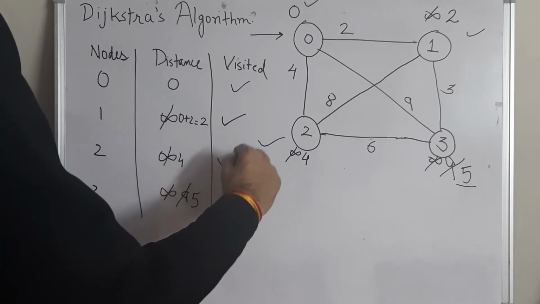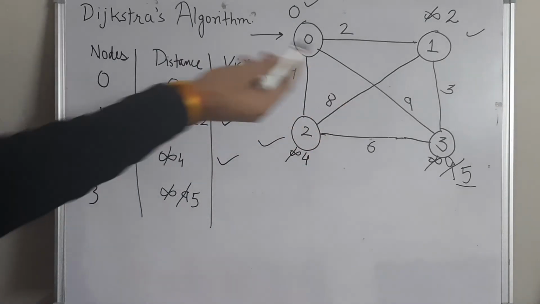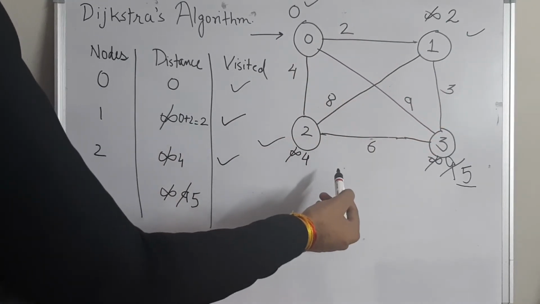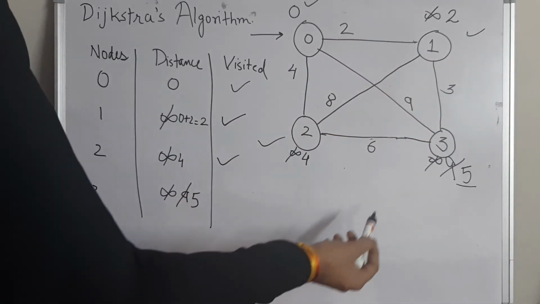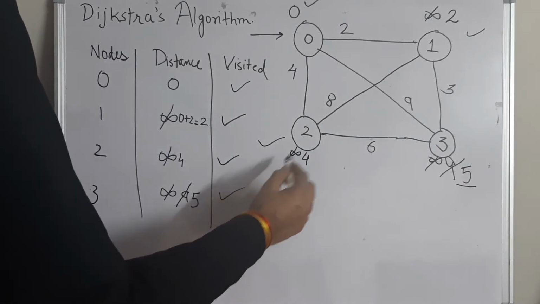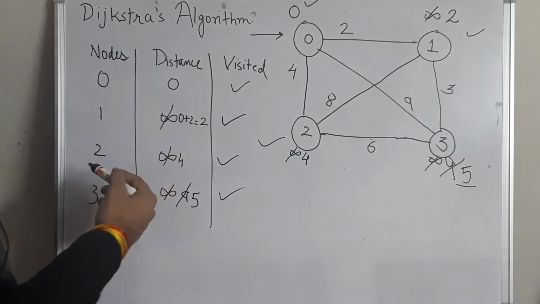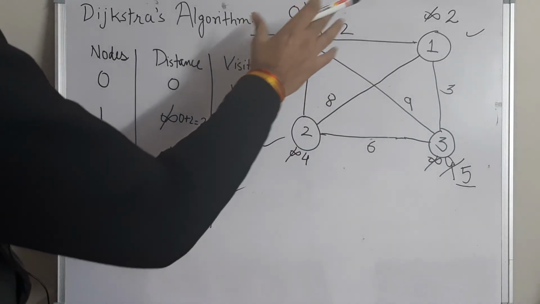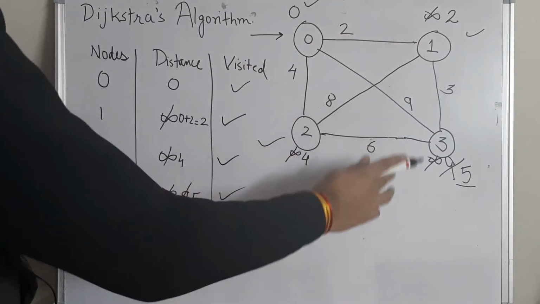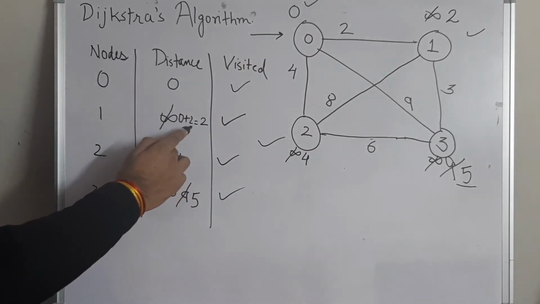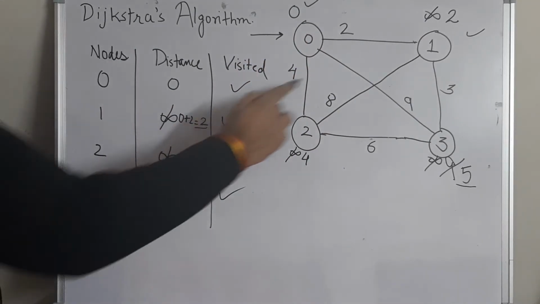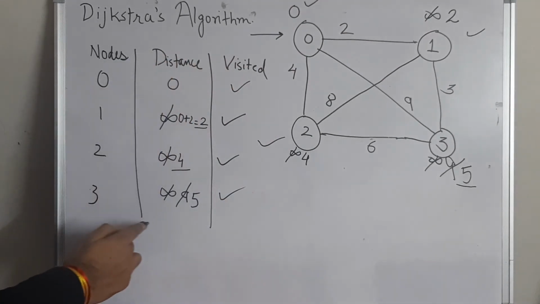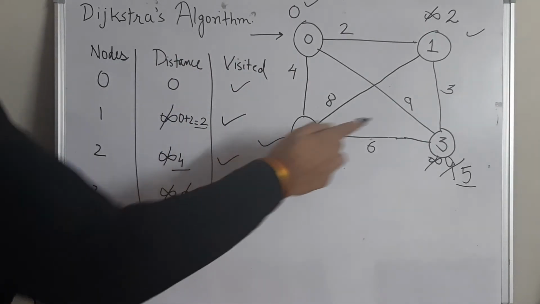So 2 is also visited. Similarly for 3, we can see that we have visited all the remaining vertices and we cannot make any update, so we will mark 3 as visited. At last, for each and every vertex 1, 2, 3 from the source vertex, we have the shortest distance as 2 for vertex 1, 4 for vertex 2 and 5 for vertex 3.